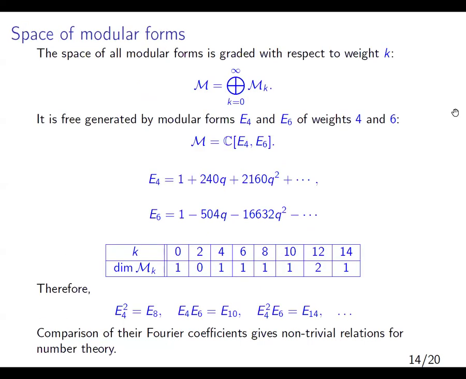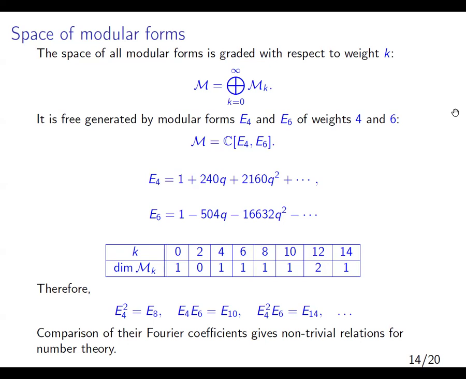The main property is that we do not have too many modular forms. All the modular forms are just polynomials in these two Eisenstein series, E4 and E6. Here we have the dimension of the space of holomorphic modular forms for different weights.